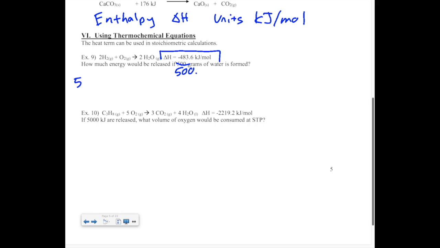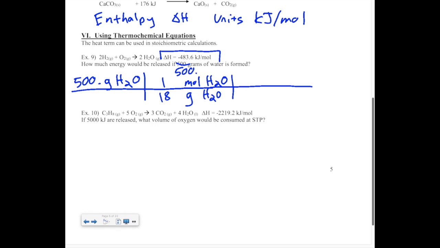So I'll start with 500 grams of water, and I want to see how much energy is going to be released. So I'll change grams to moles because grams are not useful in chemistry, only moles are useful. So there are 18 grams in 1 mole of water, and then I'll be able to see how much energy is released per mole of water.